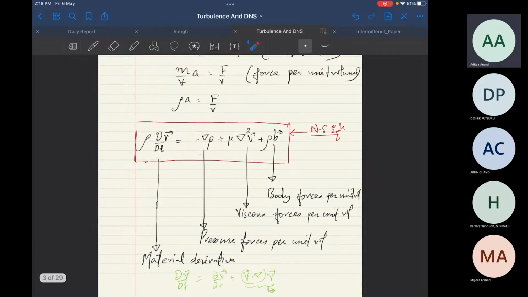As long as these body forces or the forcing are conservative, we can express them as the gradient of some scalar potential function, and then include them in the pressure term itself. So for the most part of the lecture from here, the right hand side will include the pressure term and the viscous term. Only when we start talking about the numerical approaches will we have an additional f term, which will include those non-conservative forces or any other kind of forcing that might be there in the fluid.